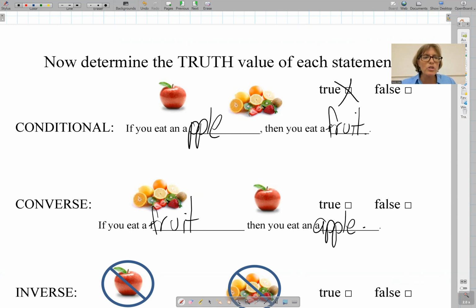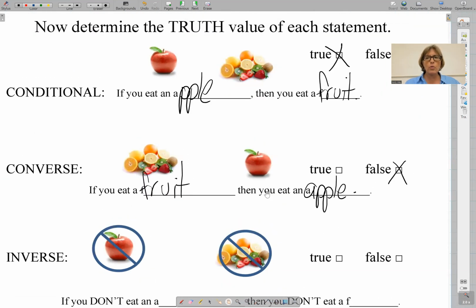So the converse of the original conditional is not necessarily true. Now, if they have an apple in their lunchbox, it's true. But in geometry, something is true only if it's always true. If there's a single exception, we have to call it false in mathematics. So something is true only if it's always true, not the exception to a rule.